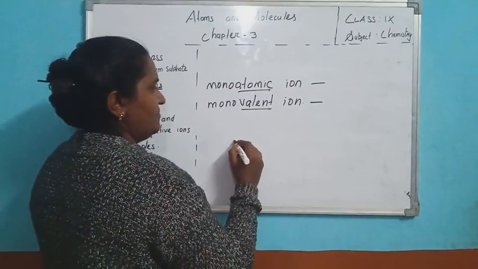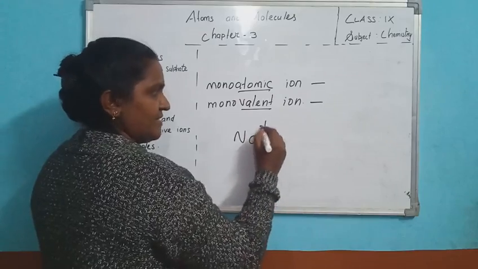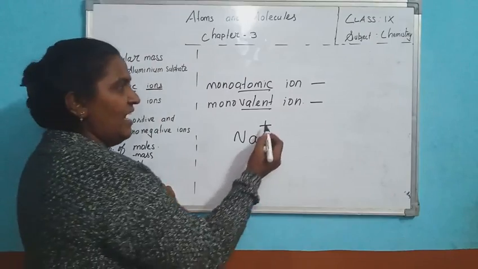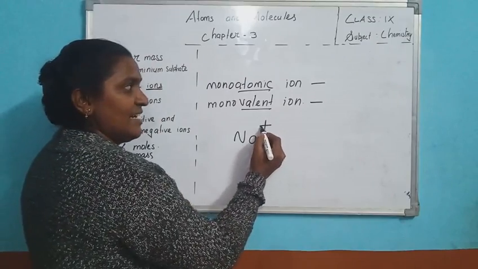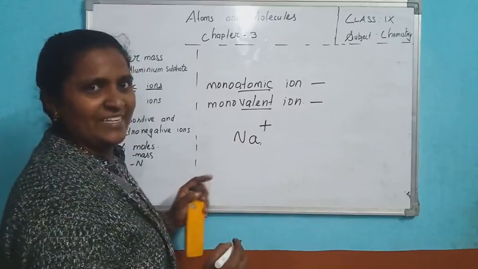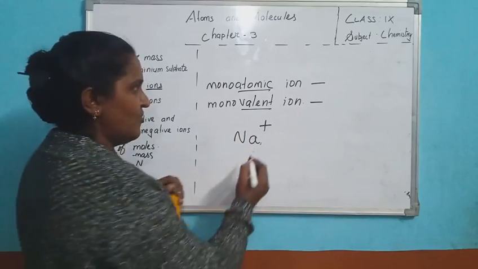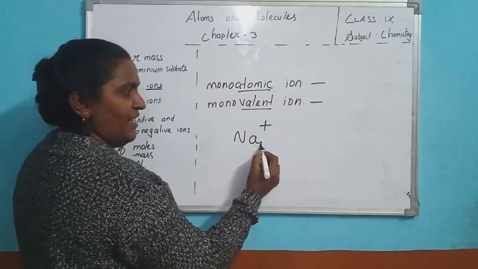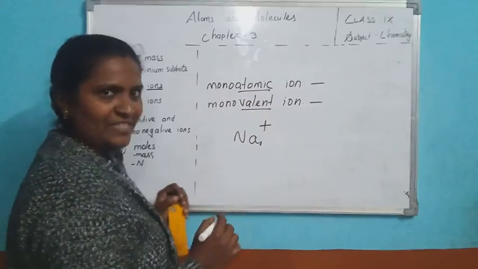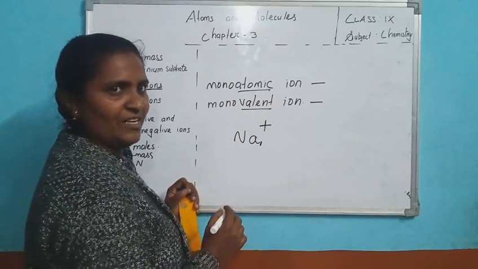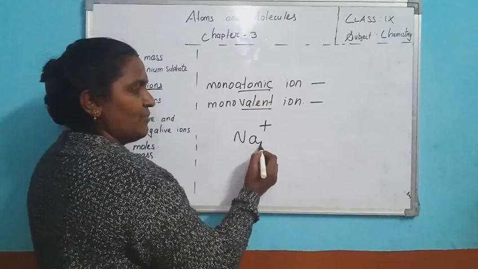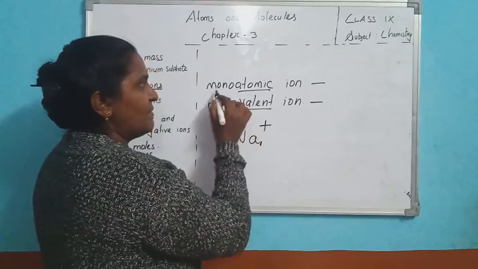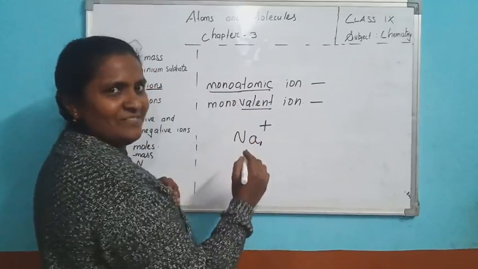For example, Na plus has only 1 atom and it carries charge. So a charge-carrying particle having only 1 atom is monoatomic. Monoatomic means one atom with a charge.